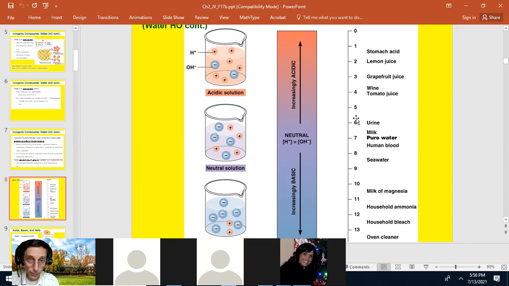And as you become more acidic, the number of hydrogen ions increases until you get a pH of 1, where there's one hydrogen ion in 10 to the 1 water molecules. So that would be 1 in 10 water molecules. One of the water molecules will break into H plus and OH minus.